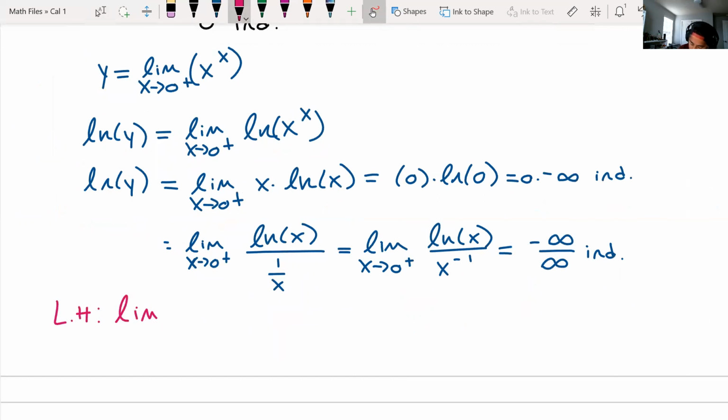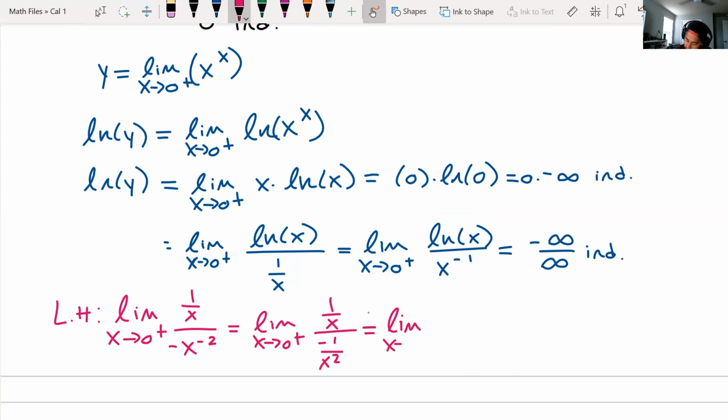You get the limit as x approaches 0 from the right, and we're taking the derivative of this fraction, the numerator and denominator separately. So you'll get 1 over x over negative x to the negative 2. Clean up. X approaches 0 from the right, 1 over x, negative 1 over x squared.